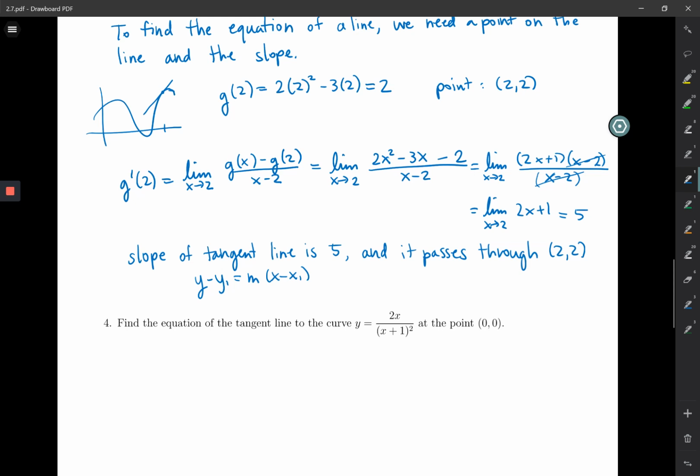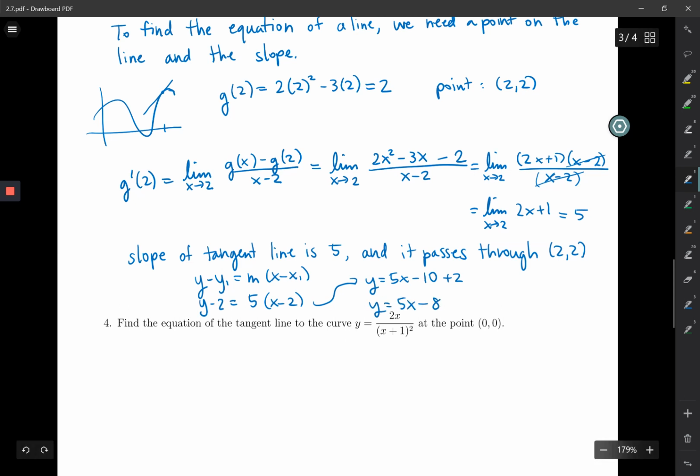So if we just plug in our coordinates, we get y minus 2 equals 5 times x minus 2. And so if I want to rewrite that, I would get 5x minus 10, and then I move that 2 to the other side, so plus 2. So the formula for the tangent line is just y equals 5x minus 8. Okay.